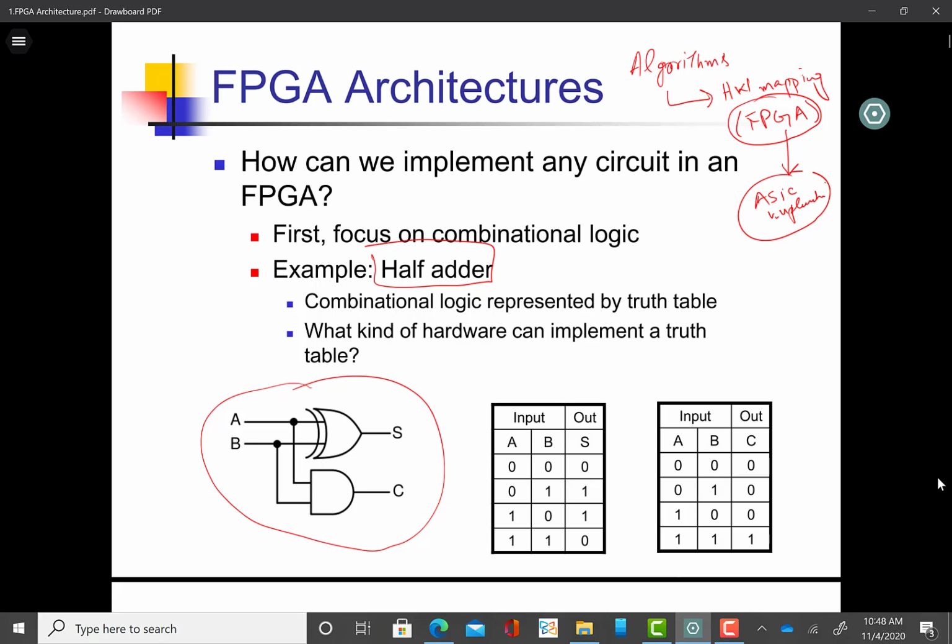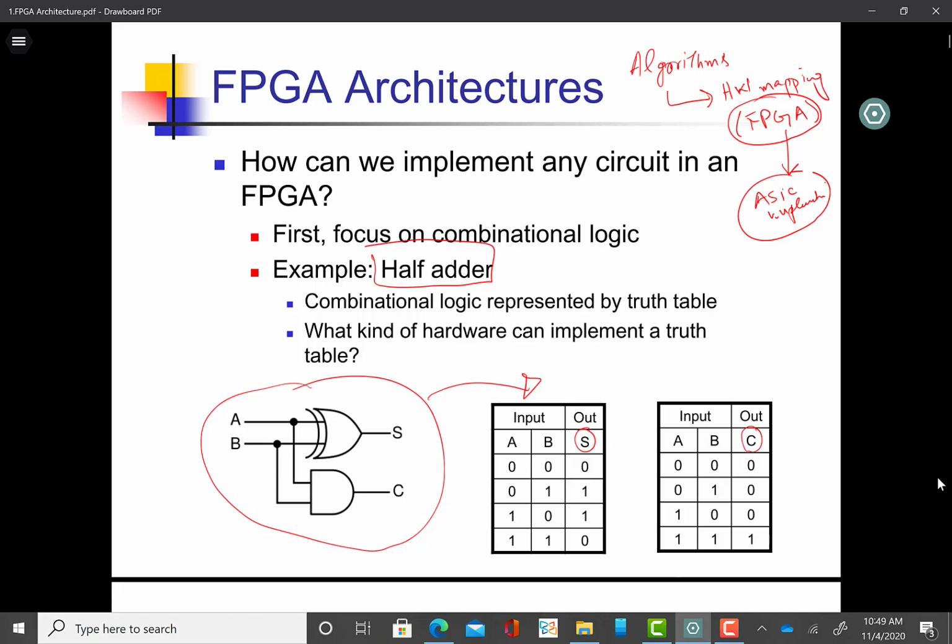And if you want to more specifically define a half adder, it is defined by a truth table. So we can completely specify the half adder by a truth table for the sum output and a truth table for the carry output. So you see, we need two truth tables because there are two outputs.